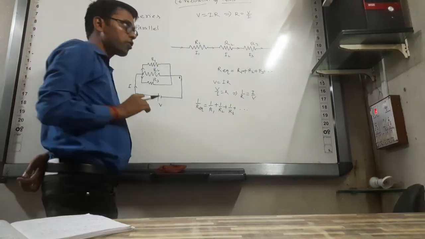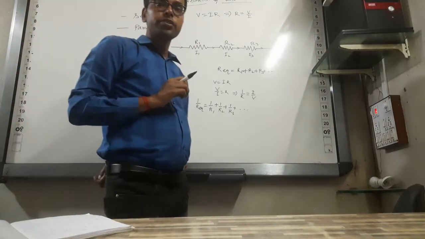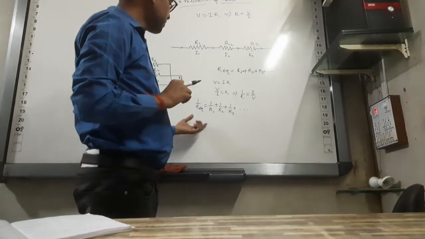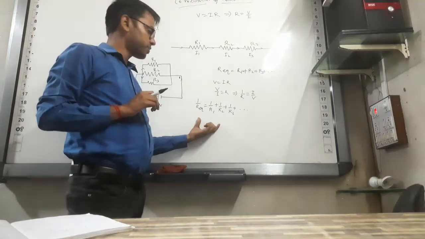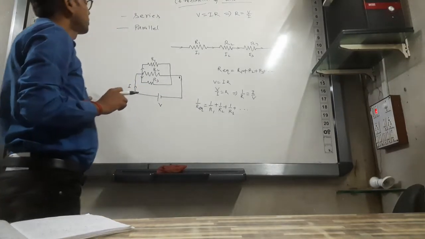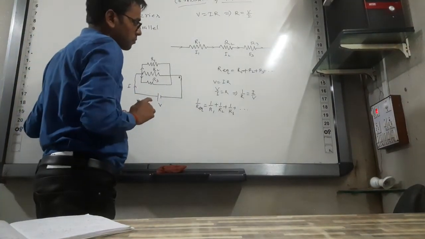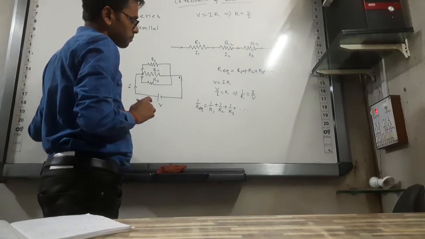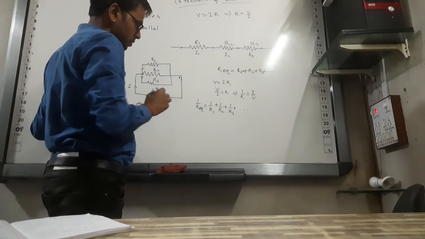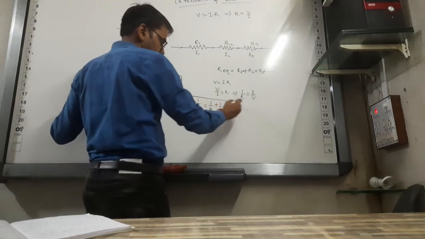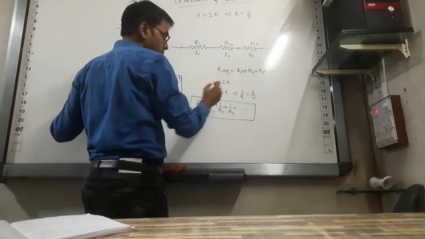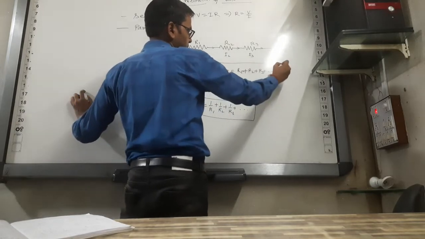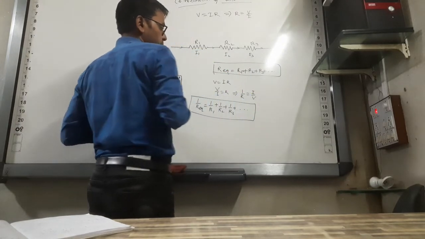This is the general formula for calculation of equivalent resistance in parallel combination of resistances. This one is for parallel combination and this one is for series combination.